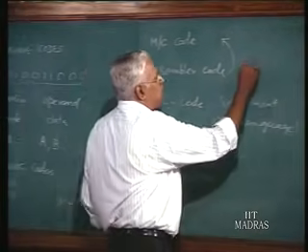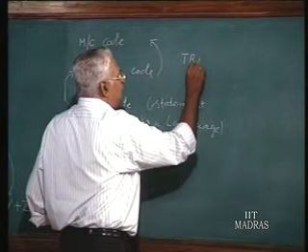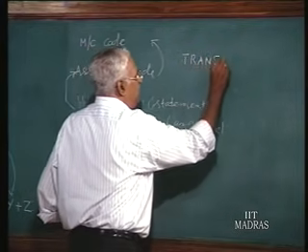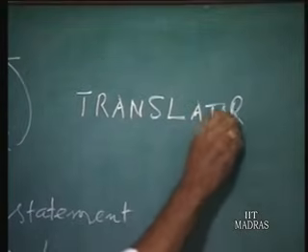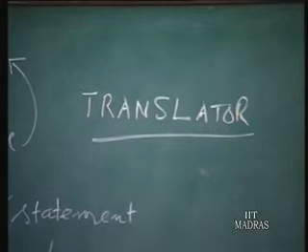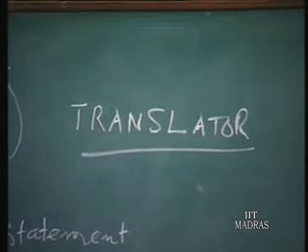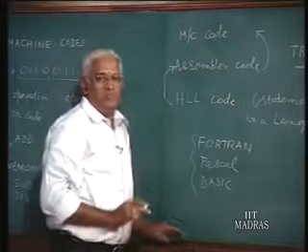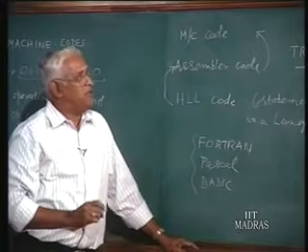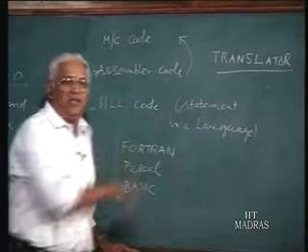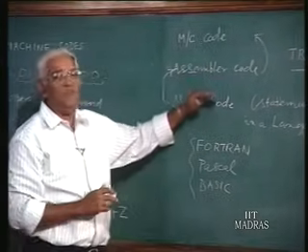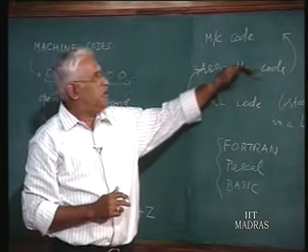So, we may just conclude for today saying that we need the necessary programs called translators, basically to translate from one code to another code. Tomorrow we will continue and see that the translators can be of different types depending on from which level to which level and so on.